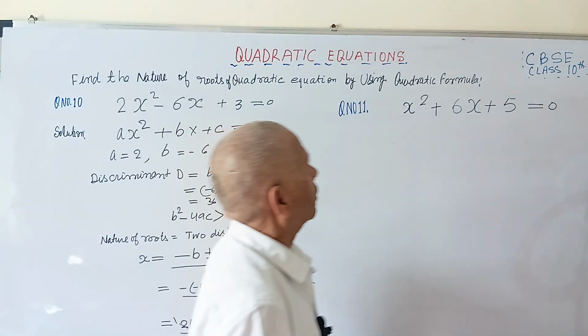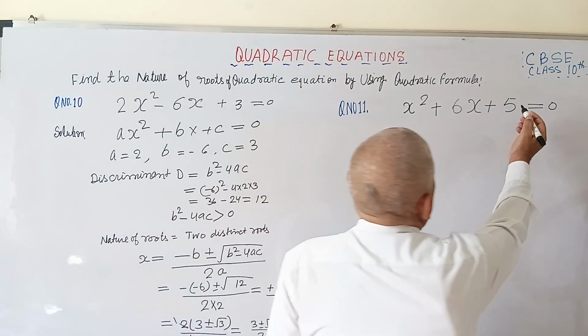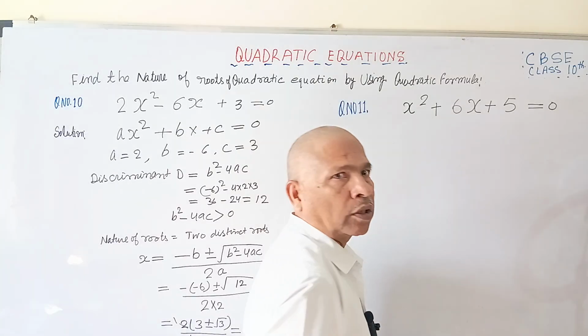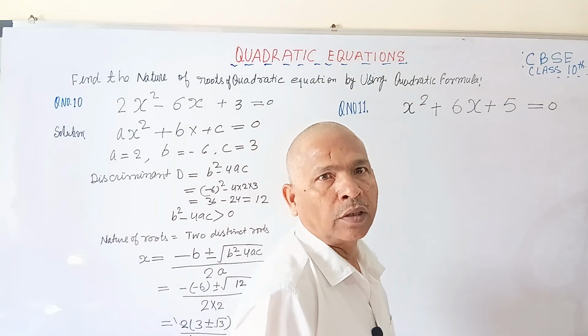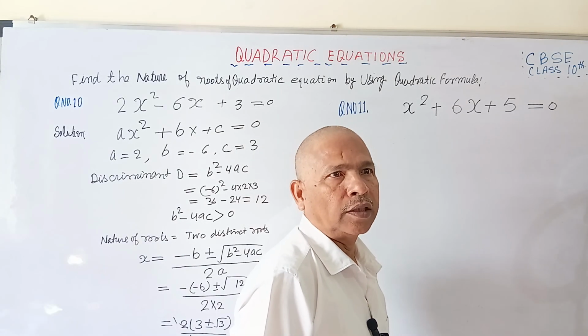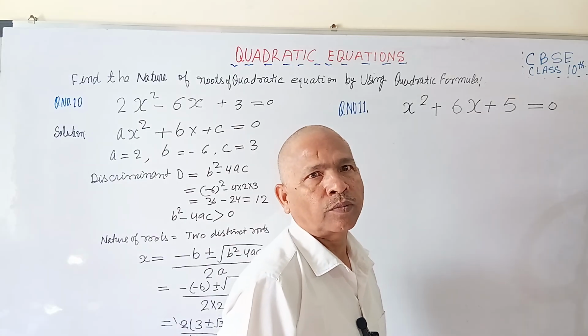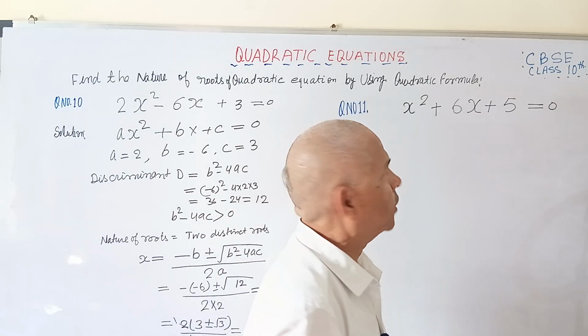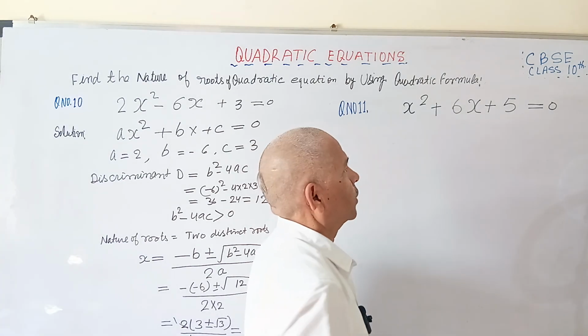Now I will solve another question. First I will find out the nature of roots, and if b square minus 4ac is greater than 0, then we will go for solving.